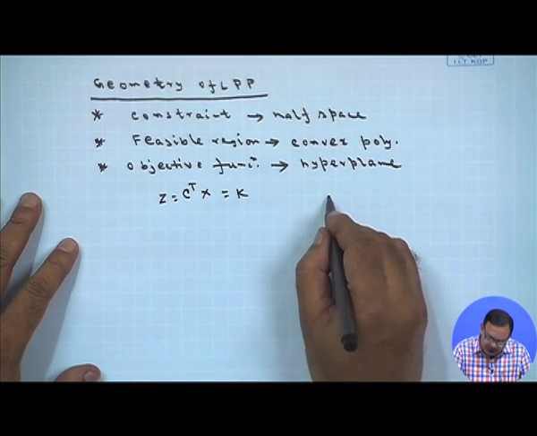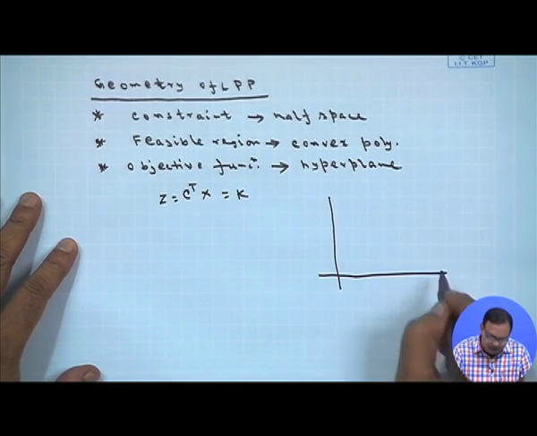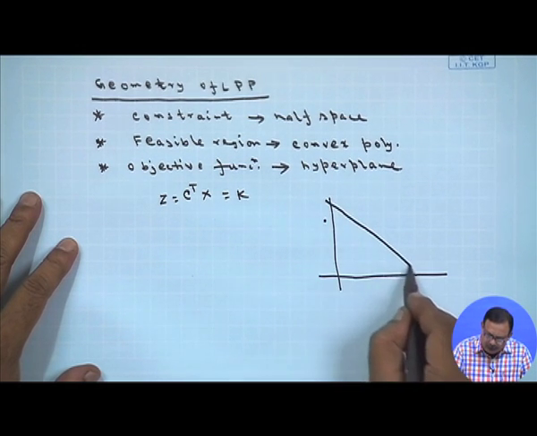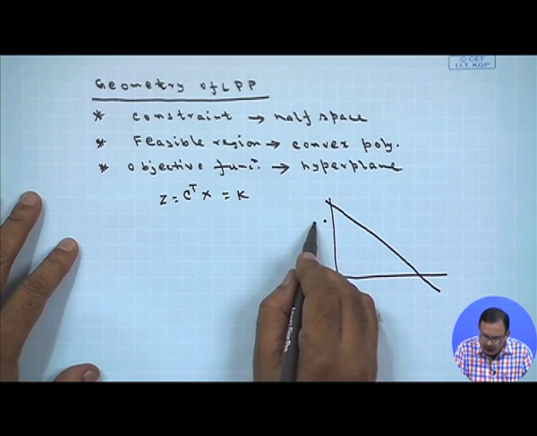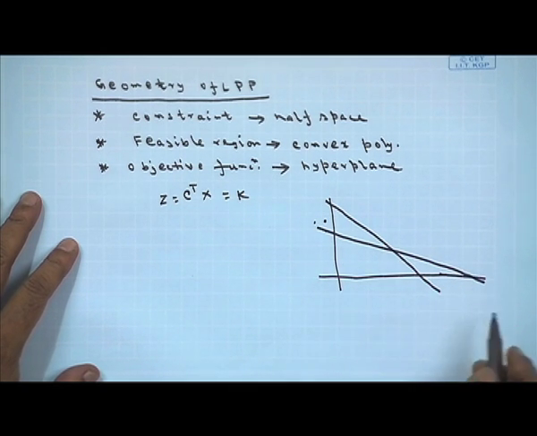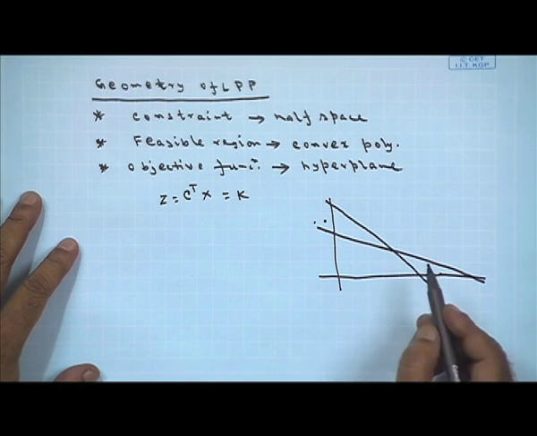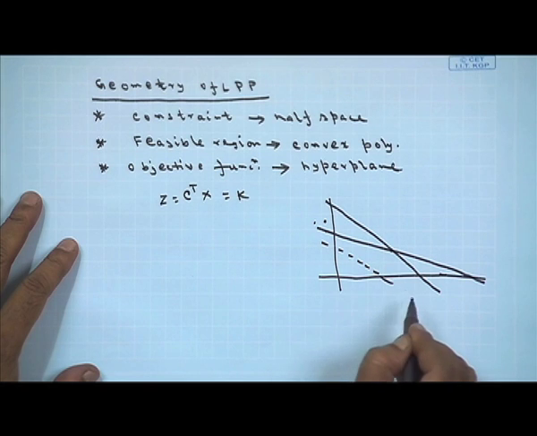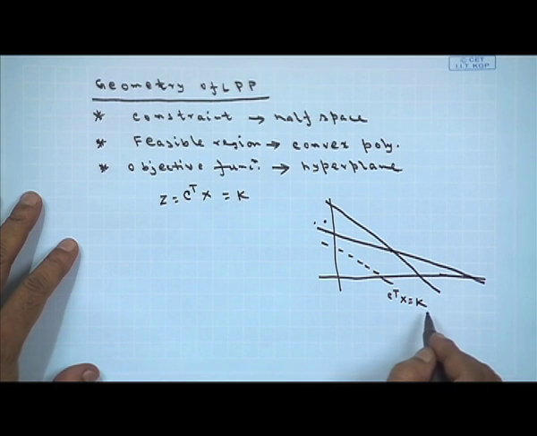In a very simple form, if I am to write down, suppose you have something like this and you have another one which is cutting something like this. If I draw a line this way, which represents C transpose x equals k, so what is k?